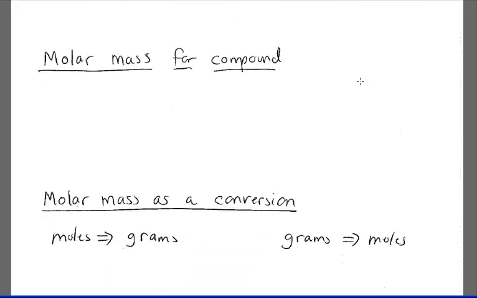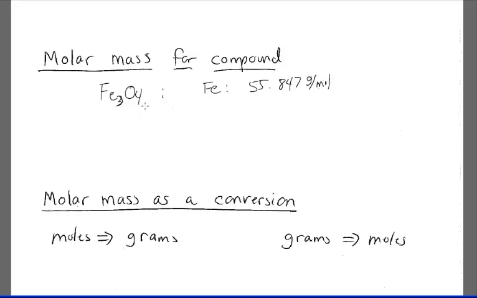Okay, and in order to use reaction equations, we're going to need to use molar masses for a compound. So let's do it with the example just shown, Fe3O4. The molar mass is going to be, find out the molar mass for iron, which is on the periodic table, 55.847 grams per mole.